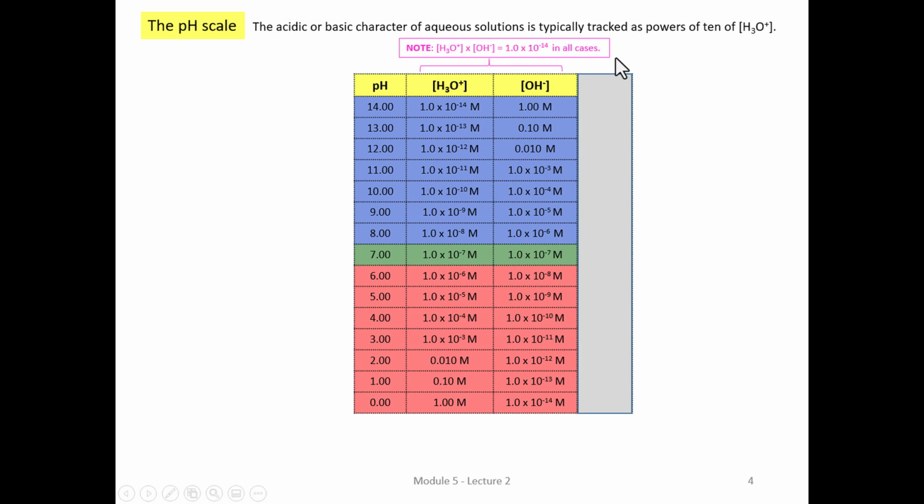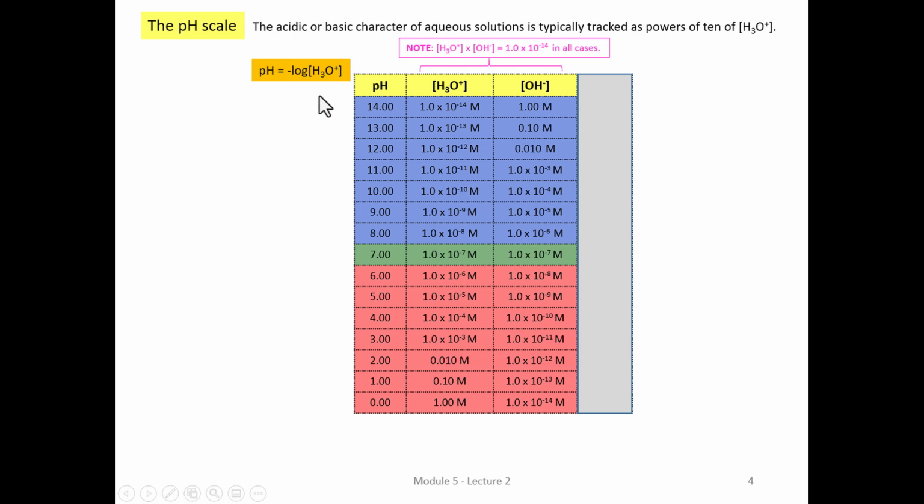Now on this side, we've listed the pHs, and the pH is equal to minus the log of the hydronium ion concentration. We pointed this out before. You'll see that these exponents here are always equal to the pH because of this relationship here.